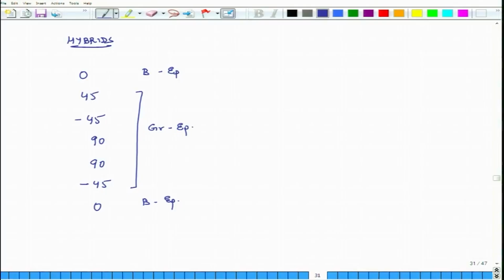So what do we do? We specify something like this. So first one is 0, and then we also specify boron, so we put B, and then plus minus 45, and these are graphite fibers. So typically we specify the fiber, so that makes the person careful, and then he goes and figures out the exact properties.